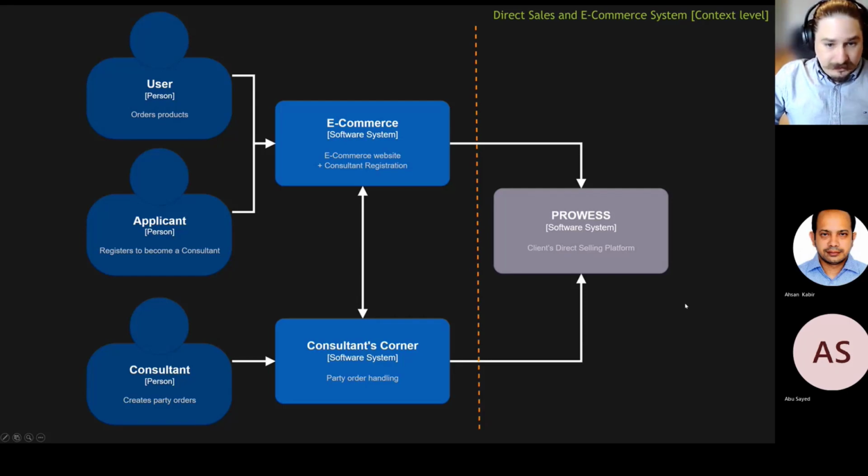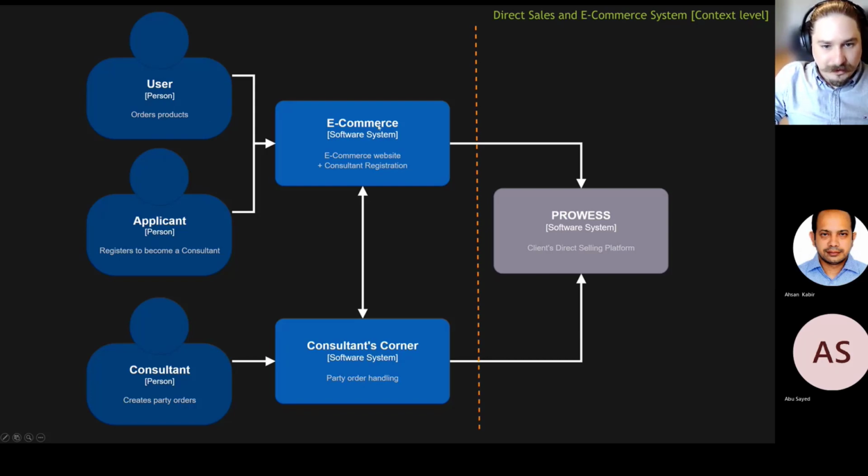So we see the context level of this direct sales and e-commerce system. So we have 2 or 3 kinds of users. We have the normal user and the applicant who becomes a consultant, and we have the consultant here. And we have 2 systems that are serving these users.